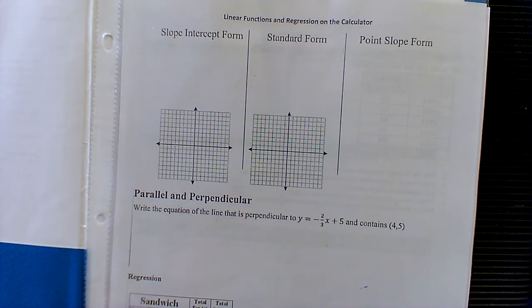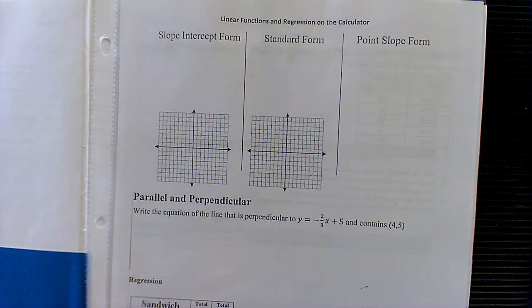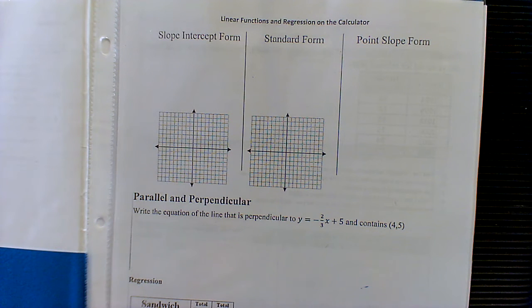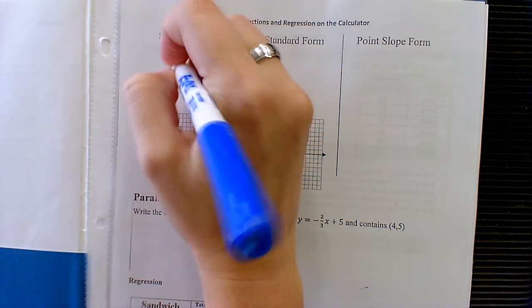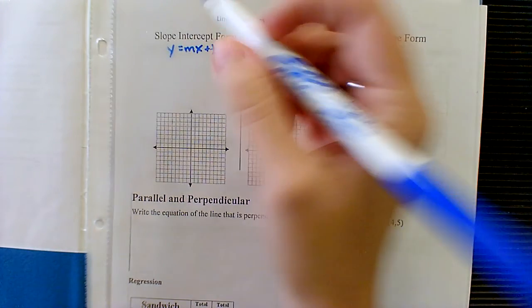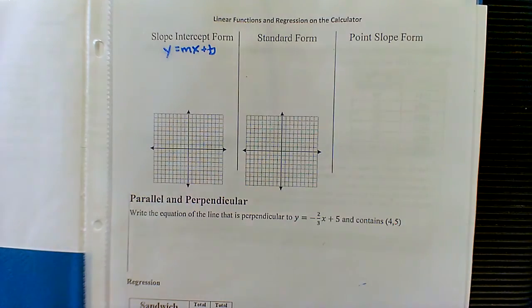So at the top of your page, you have these 3 different forms of how a linear function might be represented. I'm curious if we remember the standard way that these 3 forms are represented. For instance, if I told you slope-intercept form, what's the first thing that pops in your head? It's probably been beaten into your brain for years. Okay, y equals mx plus b.